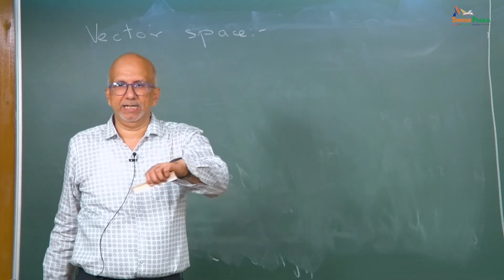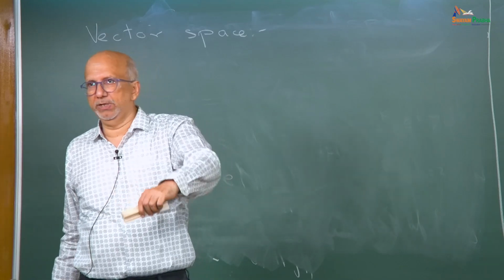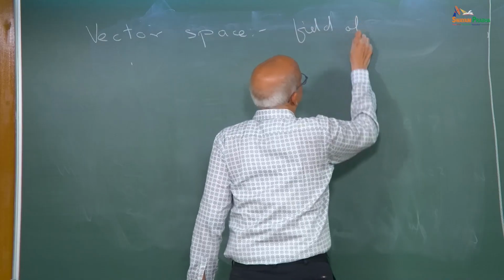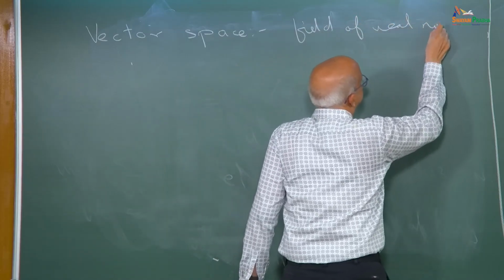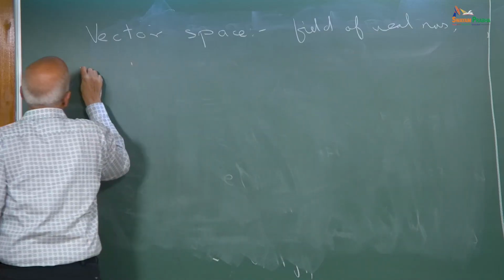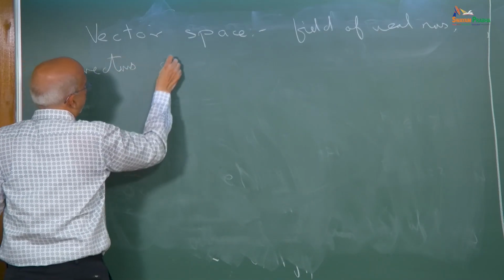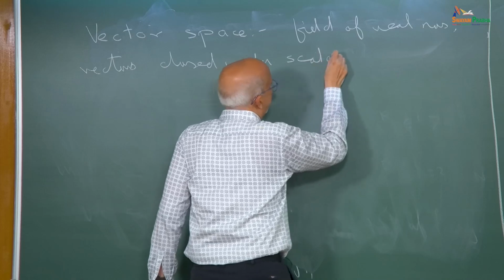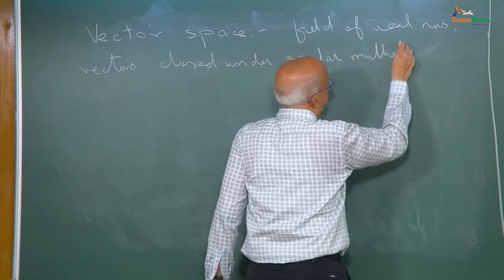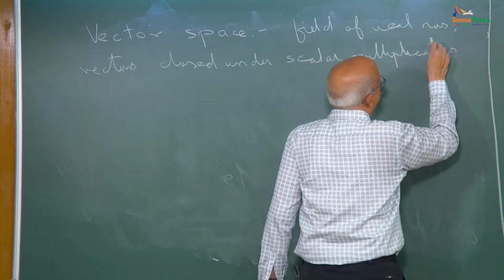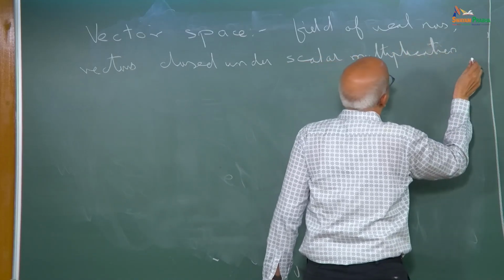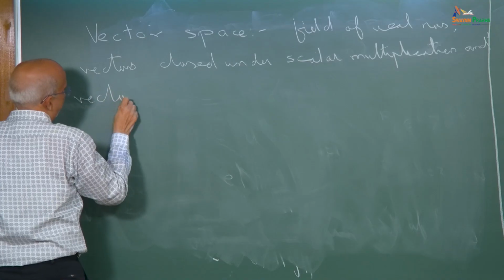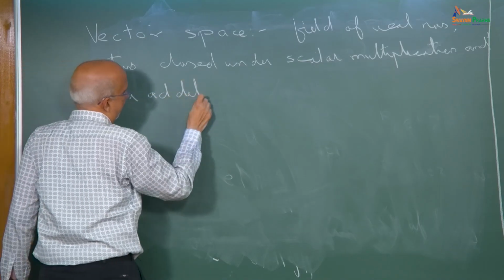A vector space has two kinds of things: one is the field, let us say only the field of real numbers, and the other is vectors closed under scalar multiplication and vector addition.